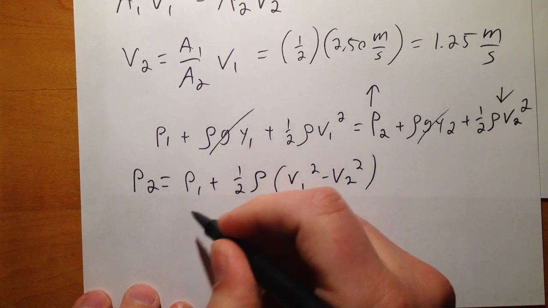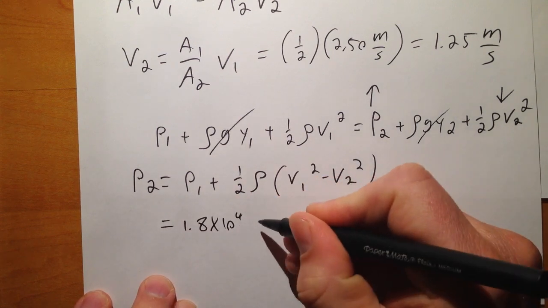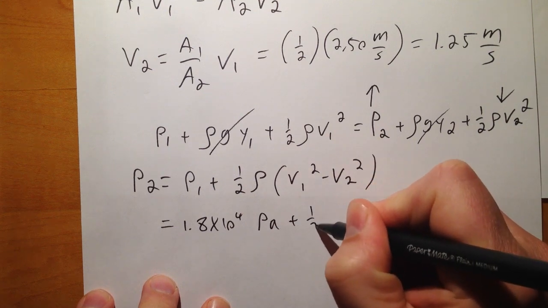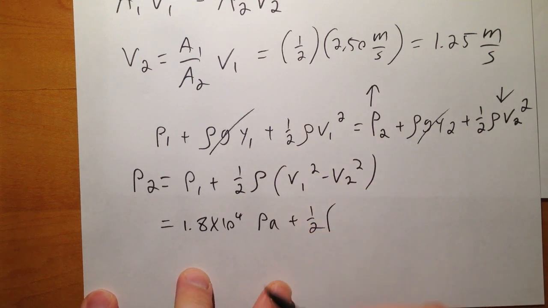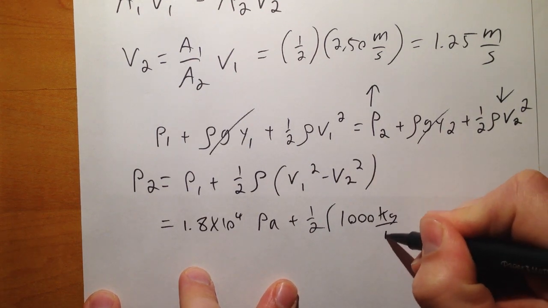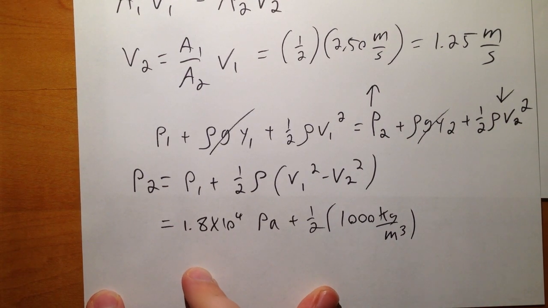And now we know everything. We know the gauge pressure at point 1 is 1.8 times 10 to the 4 pascals, plus 1/2. They didn't tell me the density of water in the problem. I can look that up. It's 1,000 kilograms per cubic meter. It just says water in the problem. It's not seawater or anything like that, just water, so 1,000 kilograms per cubic meter.